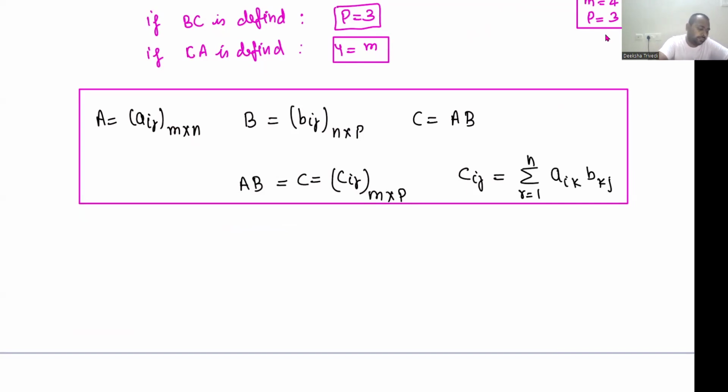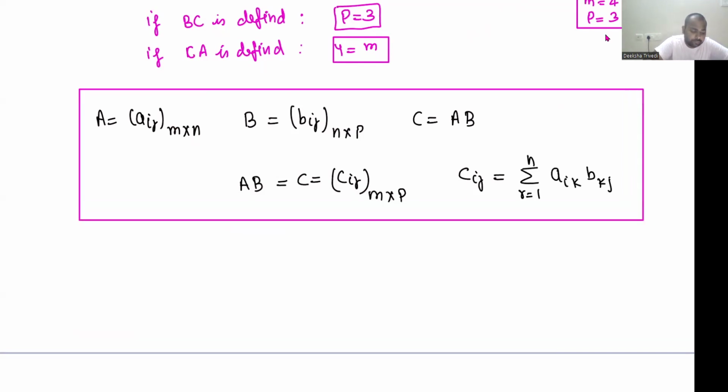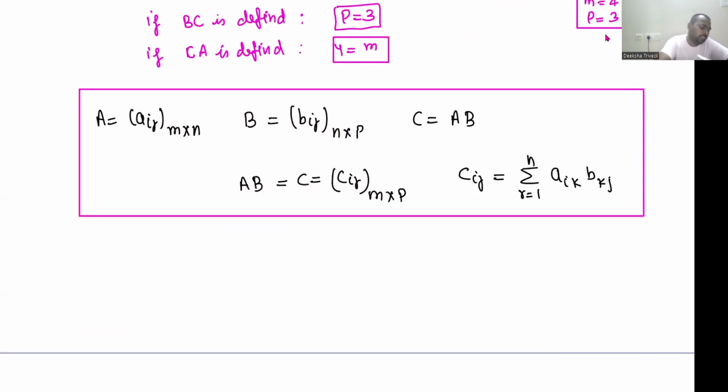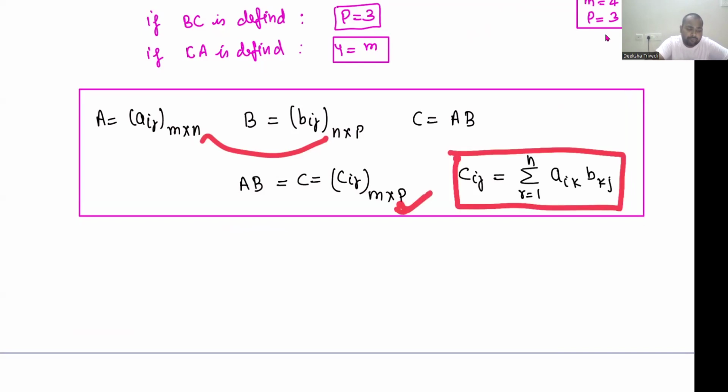We will explain it. No need to worry much. Up to here we have the idea of when we can do the multiplication, and what the order of the matrix is after multiplication. Now we need to understand what we are doing in multiplication, how we get this element. Am I correct?